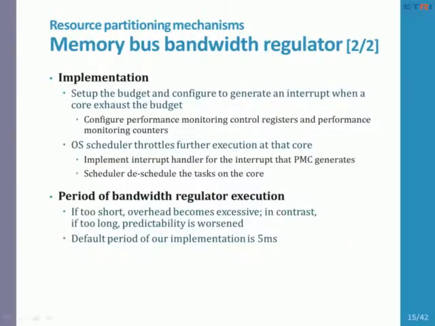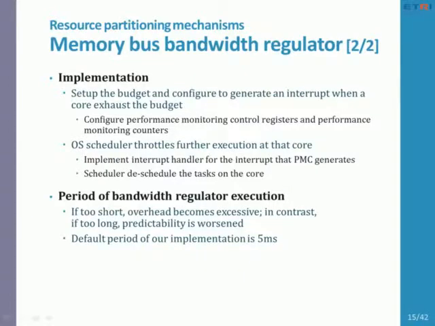During implementation, we had to set the period of these 4 steps carefully. If the period is too short, overhead becomes excessive due to frequent interrupts. But in contrast, if the period is too long, we cannot keep the predictability.